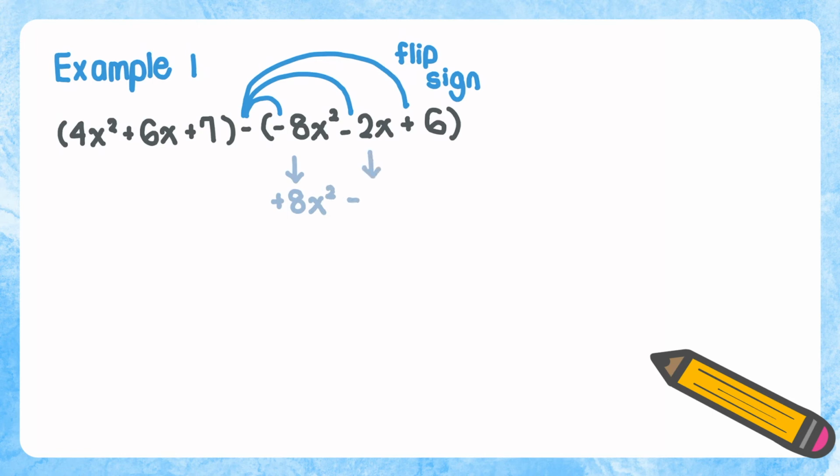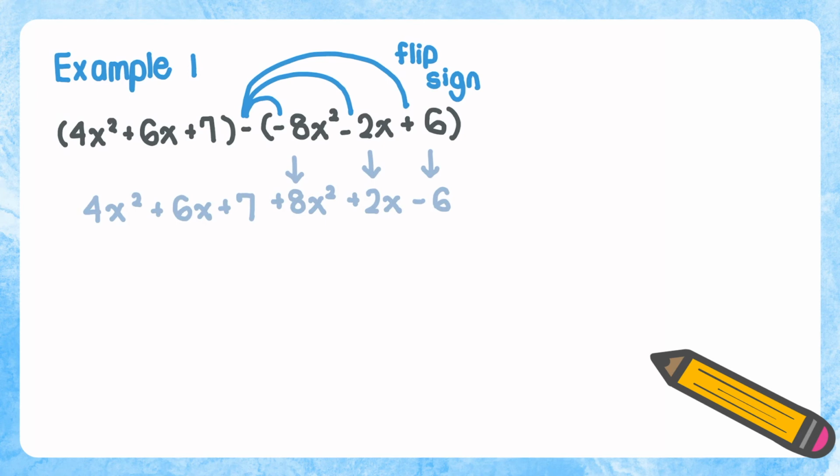And then the negative 2x turns into a positive 2x. And then that positive 6, since we're flipping the sign, that's going to turn into a negative 6. Everything else stays the same, so let's just bring that first part of the expression down. So we have 4x squared plus 6x plus 7.